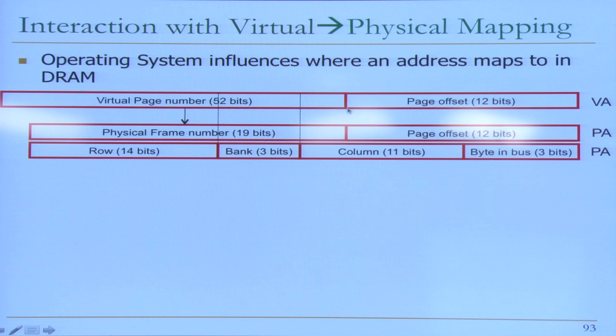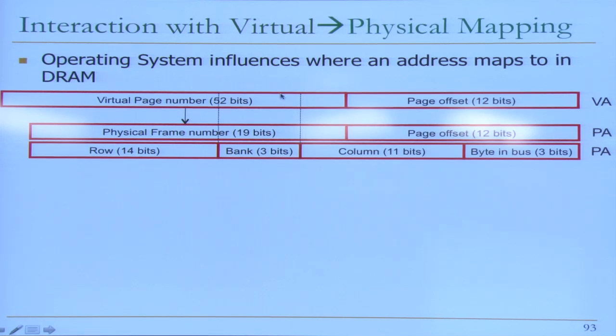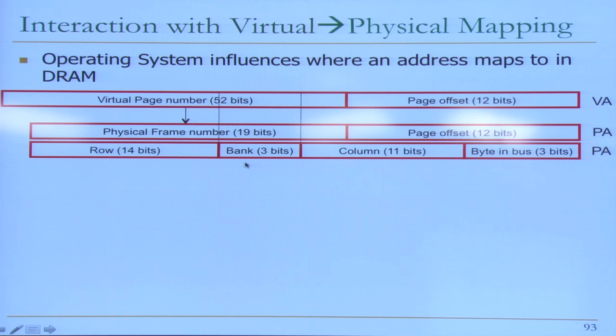And the virtual address corresponding to this has a 52-bit virtual page number and a page offset. The virtual page number, while getting translated to a physical frame number, has bits that change during that translation, and those bits actually affect what bank this virtual page maps to.